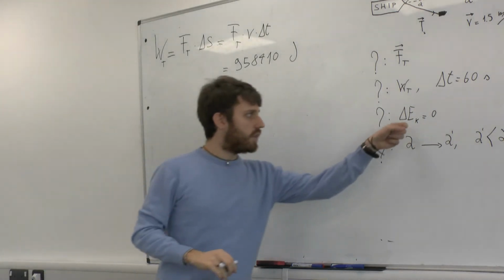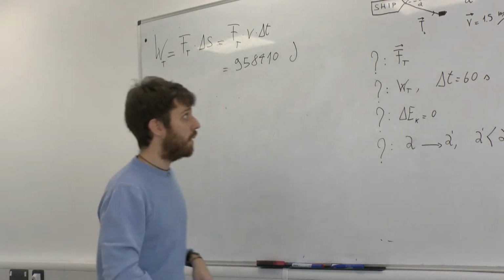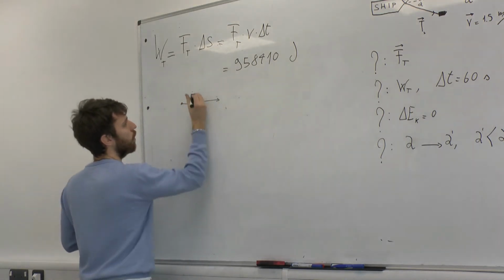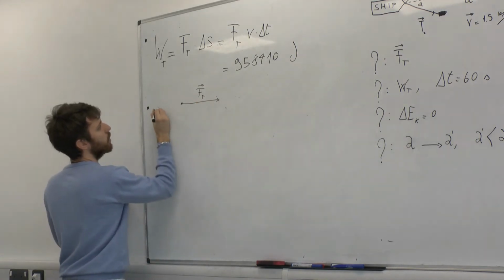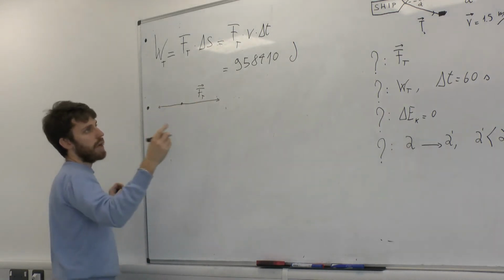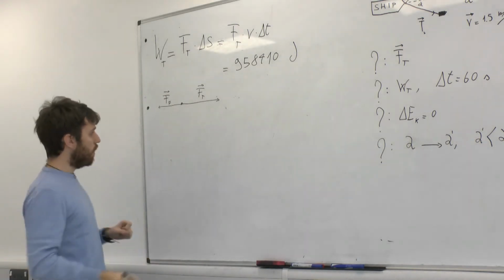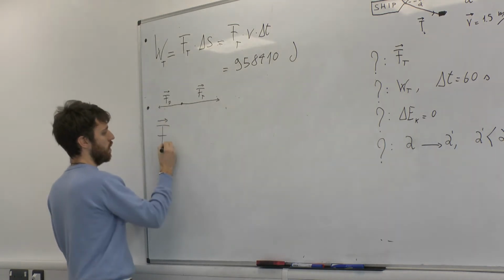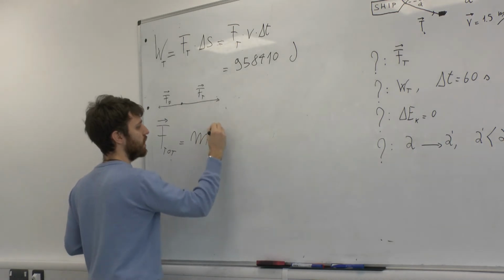In order to understand this fact, we have to consider all the forces acting on the ship. On the ship we have not just the pulling force Ft, but we also have the friction force coming from air and water resistance, so let's say F friction. From Newton's second law, we know that the total force must be equal to mass times acceleration.